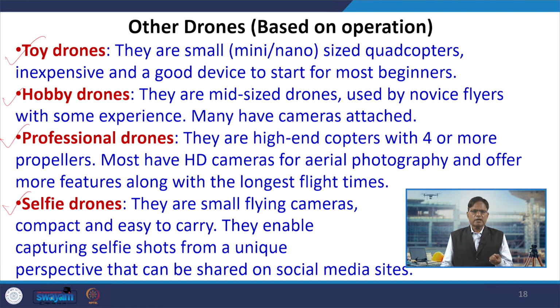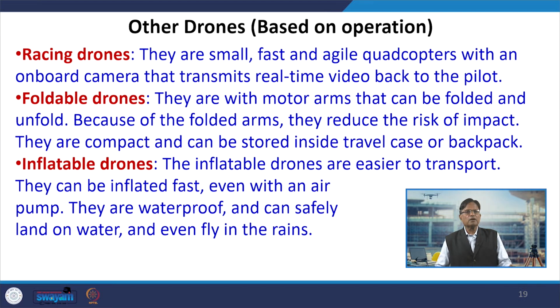They are very compact, easy to carry from one place to another, and they enable capturing selfie shots from a unique perspective position, and you can share them on social media sites and so on. So, these are also different types of drones based on their operations. Under this category, the next one is the racing drone. They are quite small. They move very fast because they are used for racing purposes.